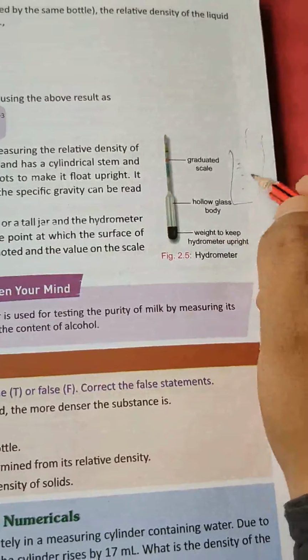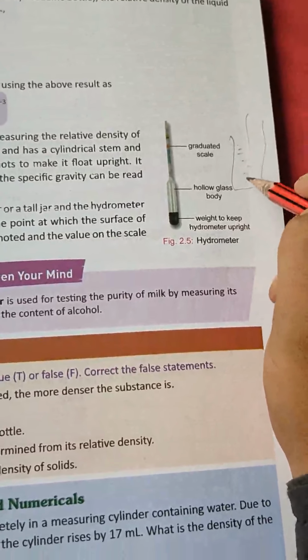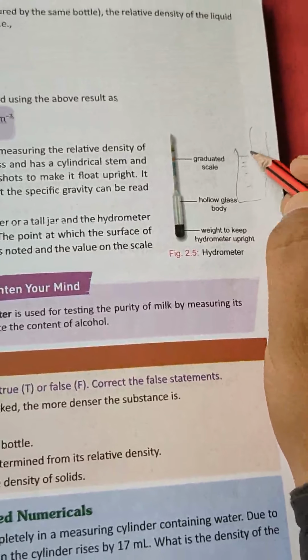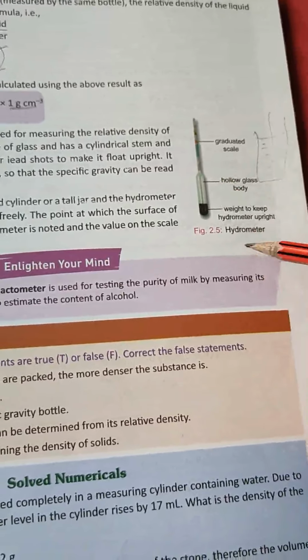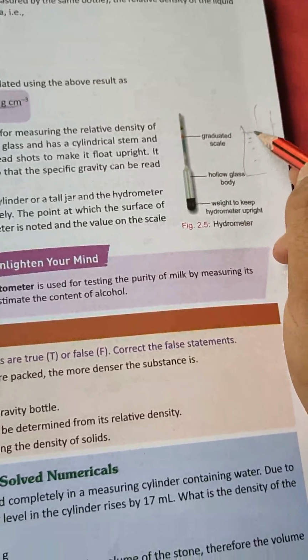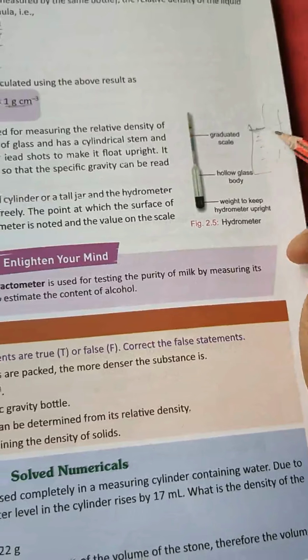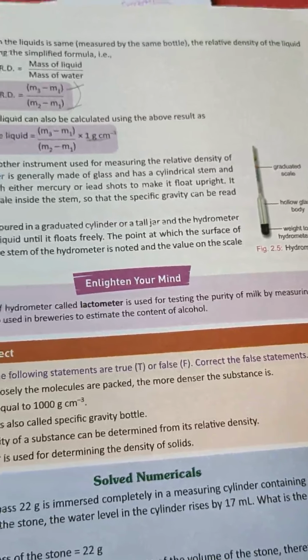Then we twist it a little and just leave it, and at a point the hydrometer rises up to the surface of the liquid. So we'll note that point, and that will be the relative density of that liquid.